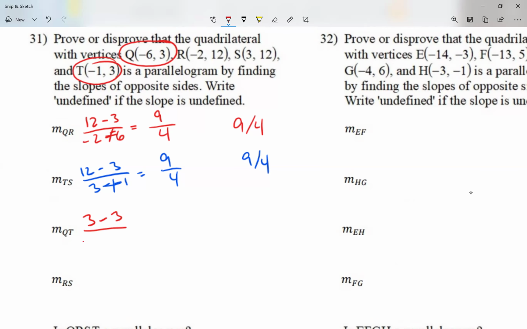At the bottom, -1 minus a -6. Notice my values started from the values from T. Okay, 3 minus 3 is 0. Here, the two negatives make a plus sign. -1 plus 6 is 5. And 0 divided by 5 is 0.